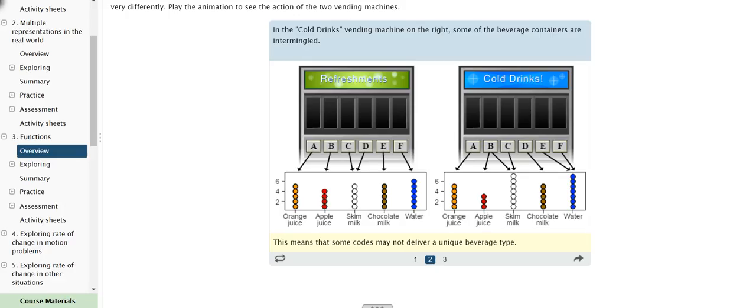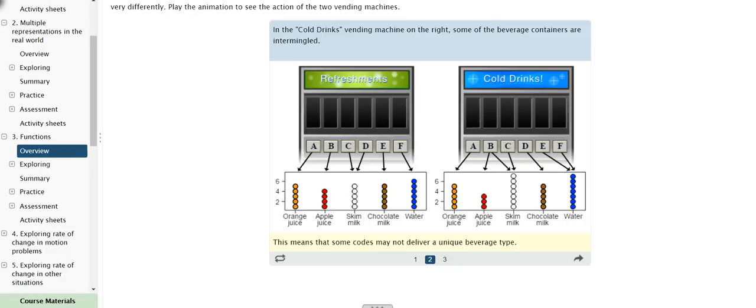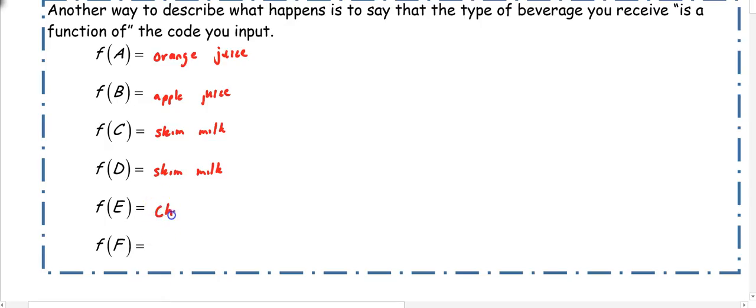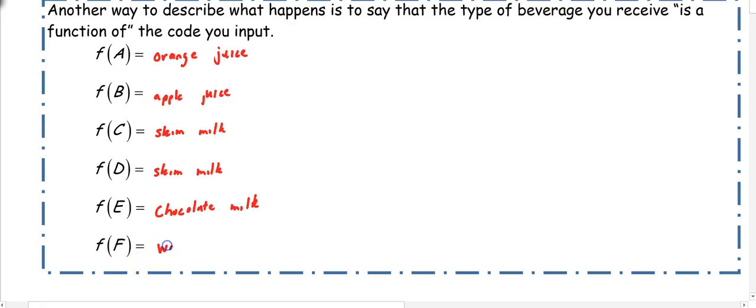When we hit button C and D, we're both going to get skim milk. When we hit button E, we get chocolate milk. And when we hit button F, we get water.